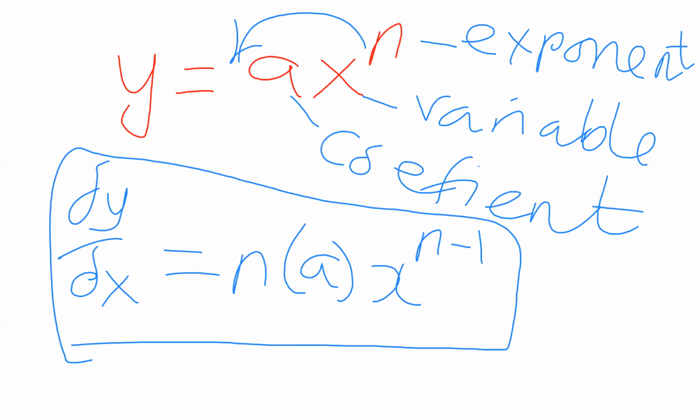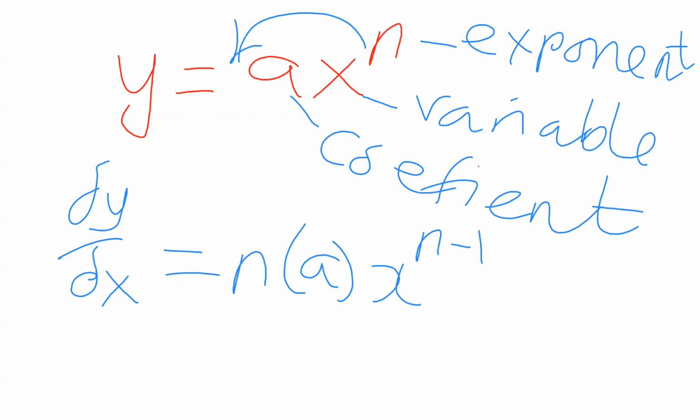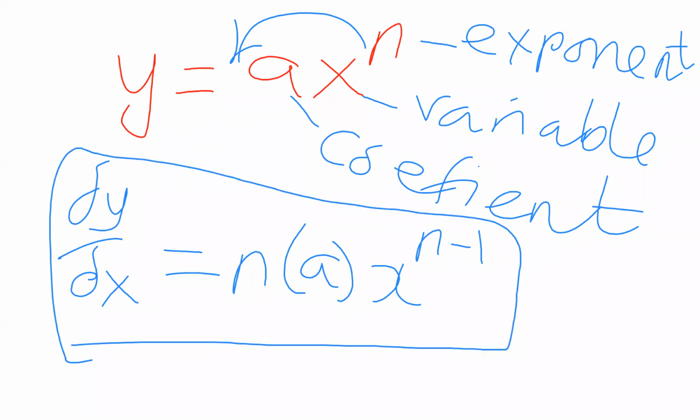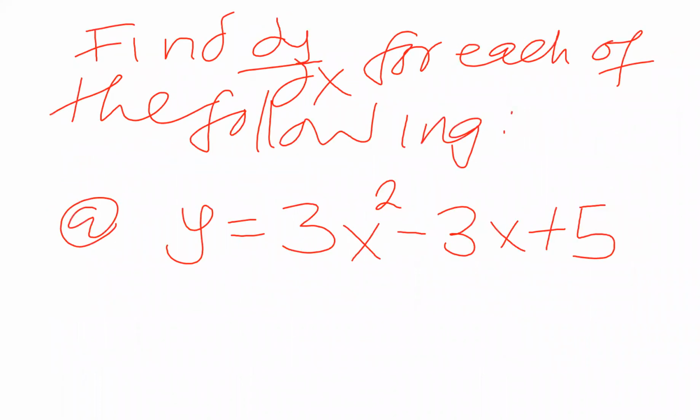So going back now to our example, how do you find the dy over dx for this equation? The first thing that we do, just as we said, is to drop the exponent.